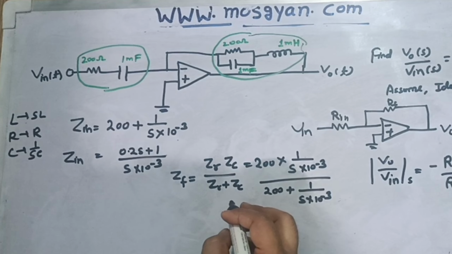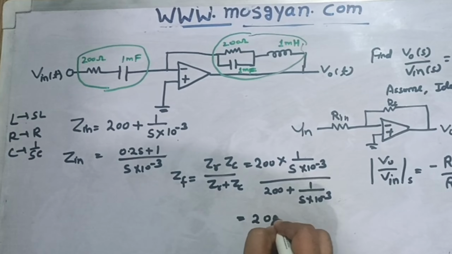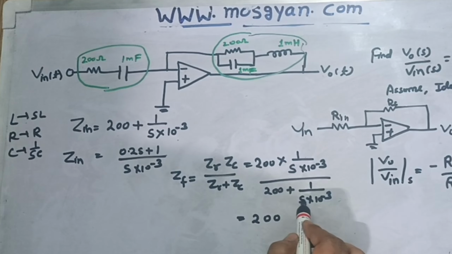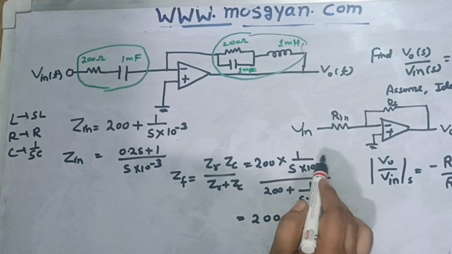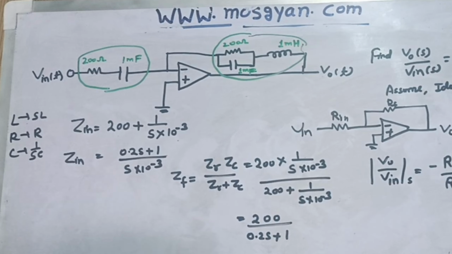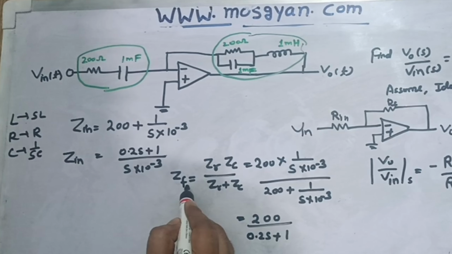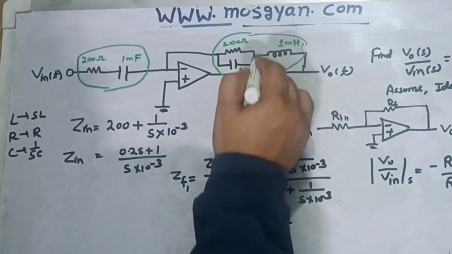If I solve it further, once we take the LCM, this S into 10 to the power minus 3 will get cancelled out from numerator and denominator, so I will get 200 divided by 0.2 S plus 1. This is not the final ZF, I can call it ZF1. So this part we have calculated.